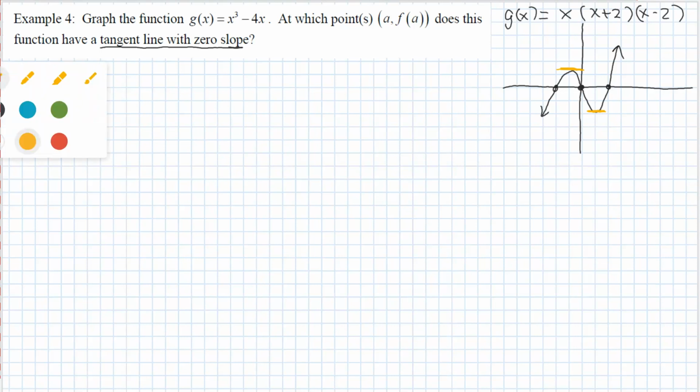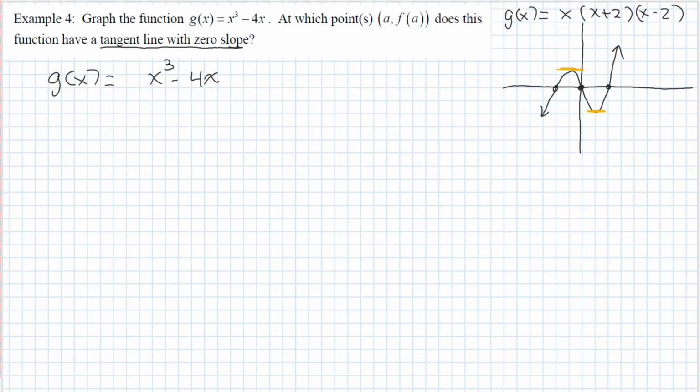Now let's actually go and find that. And how do we find it? We would say, let's start with g of x is x to the third minus 4x, and the slope of the tangent line, right? Slope of the tangent line is when h is approaching 0.